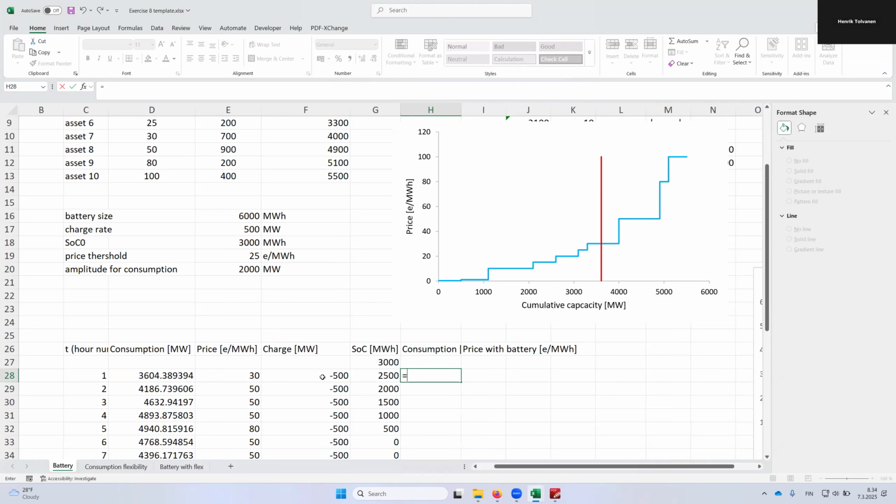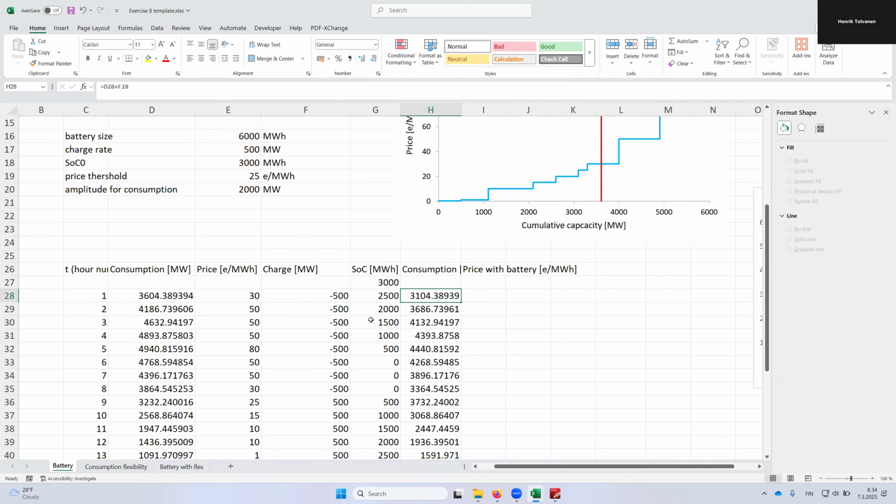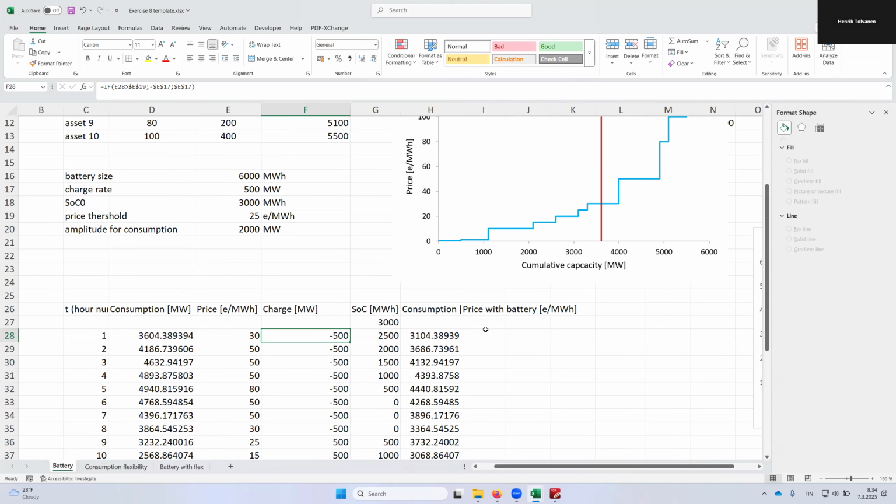So consumption plus the charge. Well, the consumption is going to remain the same, but the battery is going to sell a part of its profit in here. So that's going to have an effect on the price.